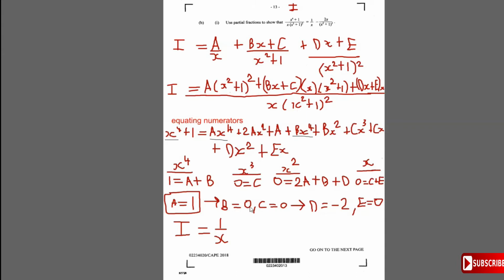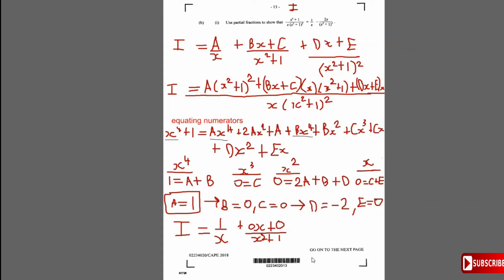But bx plus c is 0, so we can just forget that part, as we're really getting plus 0x plus 0 over x squared plus 1. But 0x plus 0 is just 0. All of this is just 0.